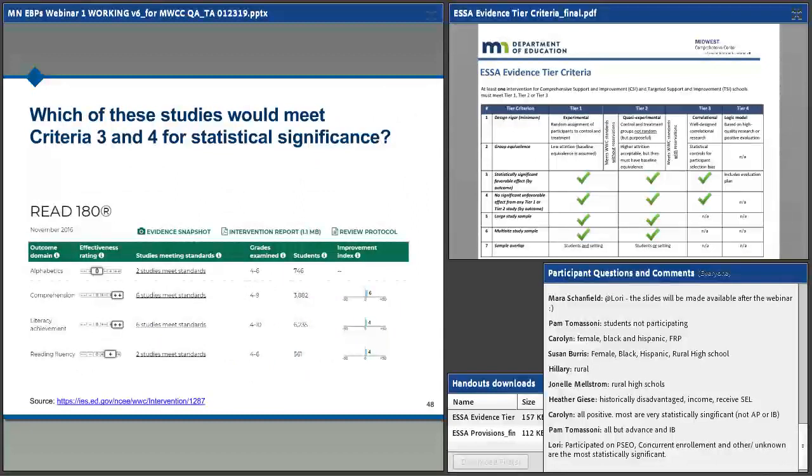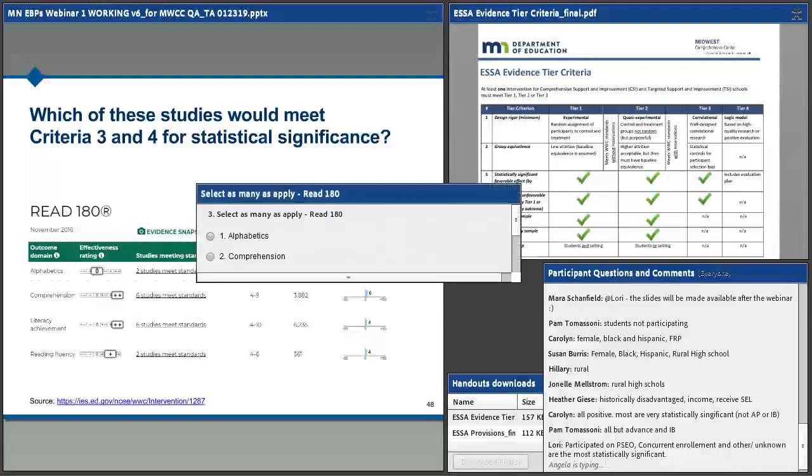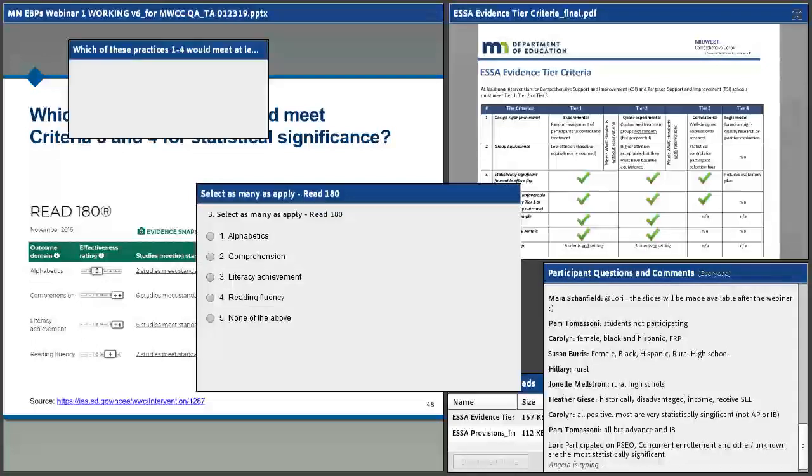So I just want to check your learning real quickly. Based on what we just talked about, we're going to throw up a quick poll question here. Looking at these different interventions, which of these would meet the criteria for 3 and 4 for statistical significance? We do have a poll that we're going to throw up here in a second.